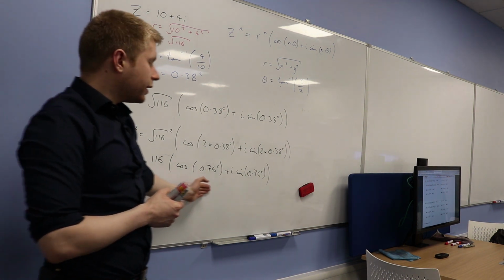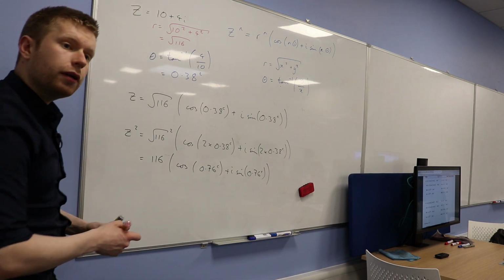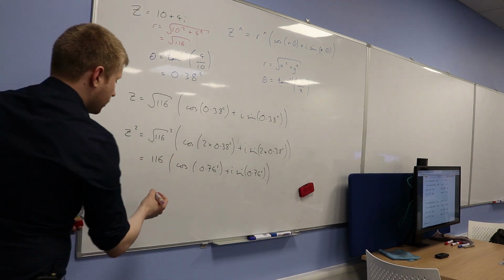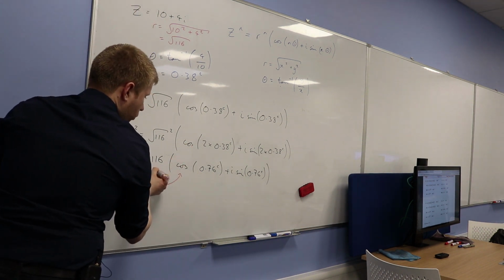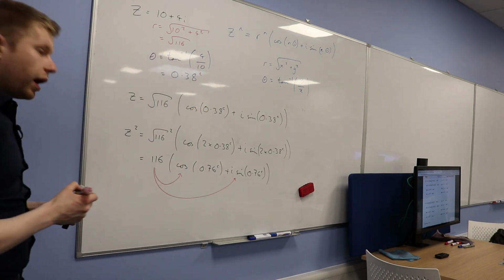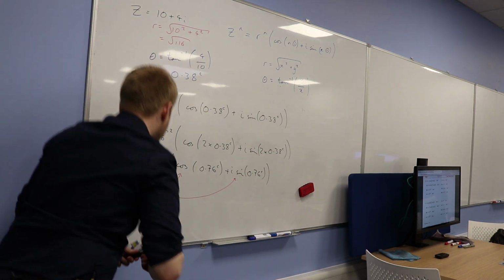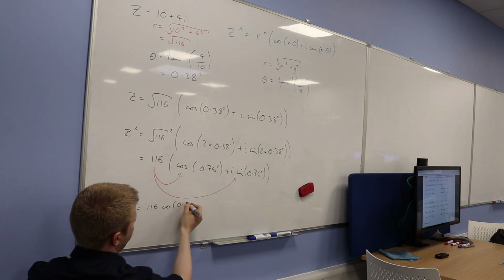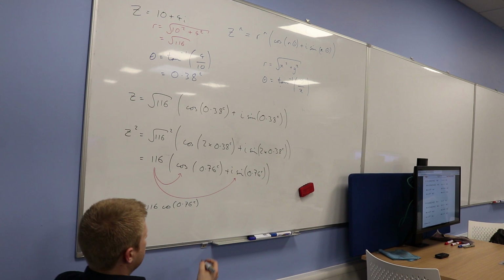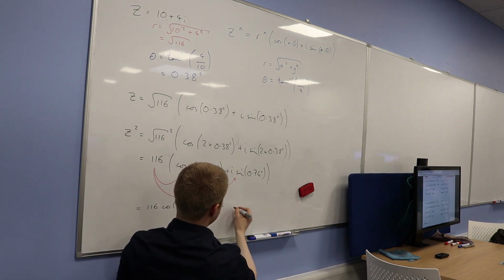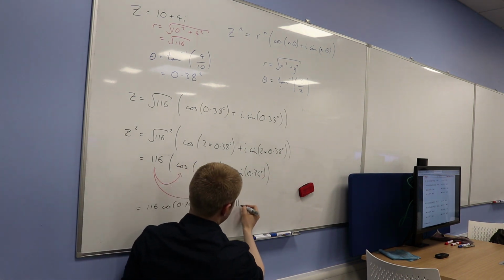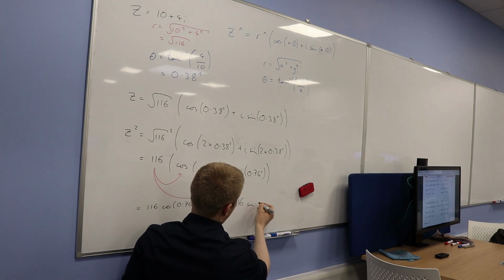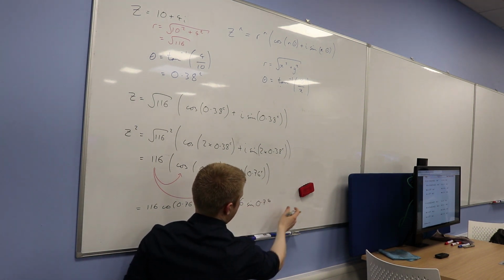I would start by multiplying this out. So I'd multiply through by 116. In other words, I would get 116 times the cosine of 0.76 radians plus i times 116 multiplied by the sine of 0.76 radians.